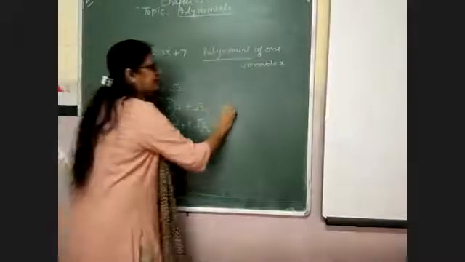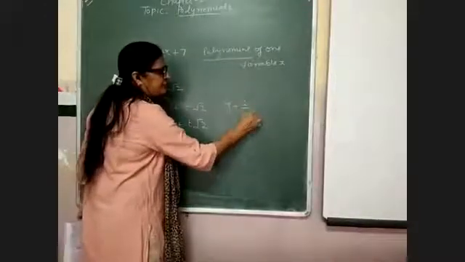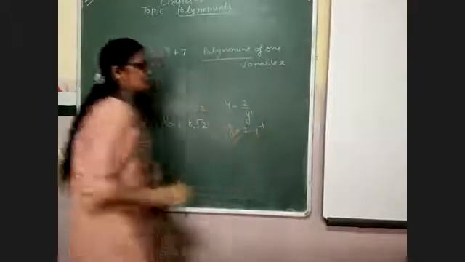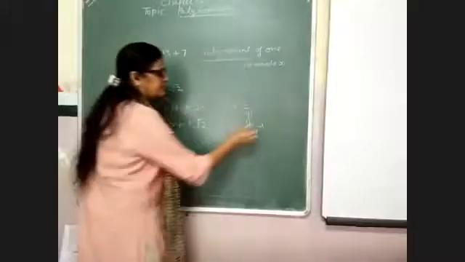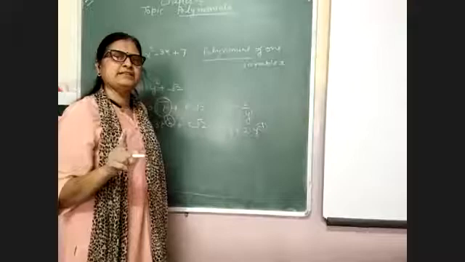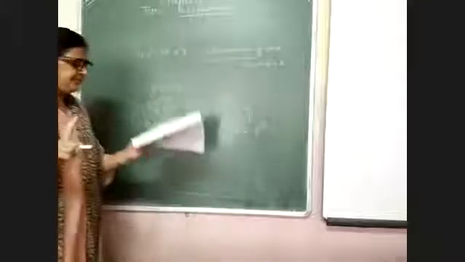Okay. And the next one is y plus 2 upon y. Here the term 1 upon y becomes y raised to the power minus 1. And when the degree is a negative integer, then it is not called a polynomial.